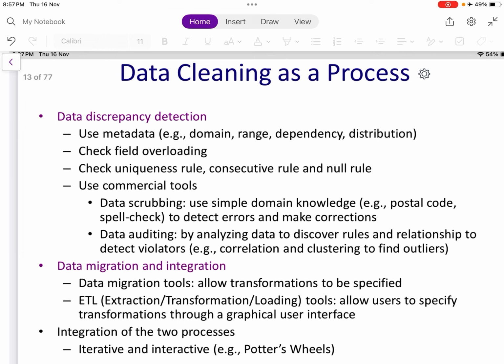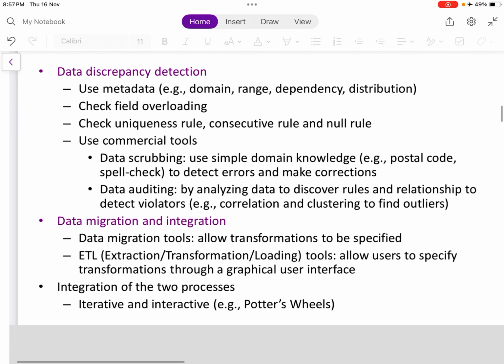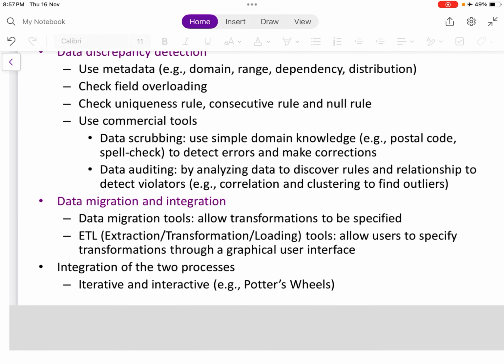Use commercial tools, data scrubbing, use simple domain knowledge, for example postal code, spell check to detect errors and make corrections. Data auditing by analyzing data to discover rules and relationships to detect violators, for example correlation and clustering to find outliers.